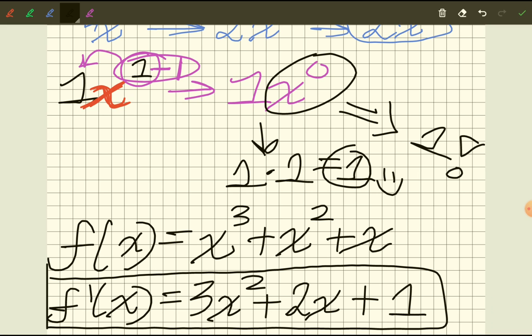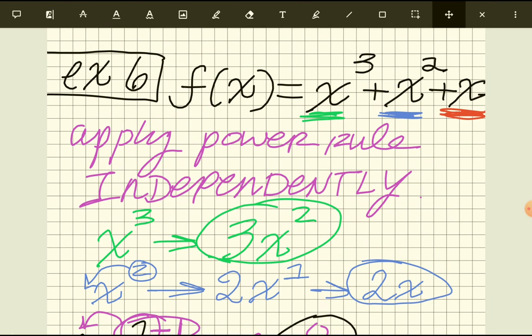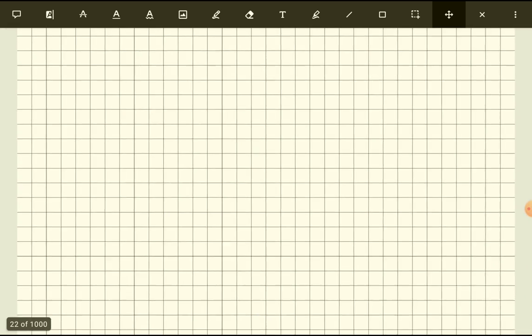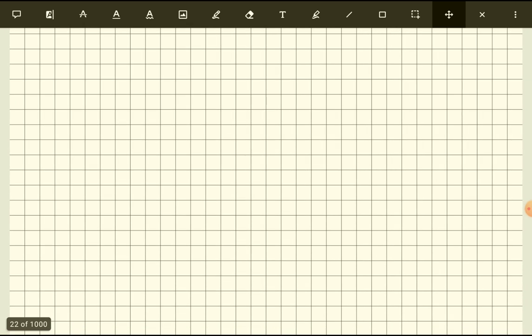There you go. And so whenever you see multiple terms in the same function, in the same equation, you would just treat every term individually.